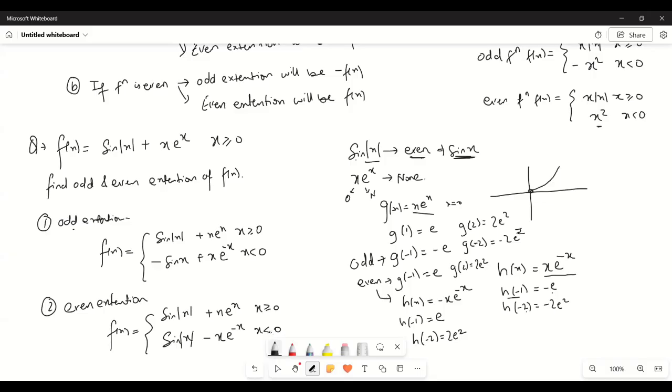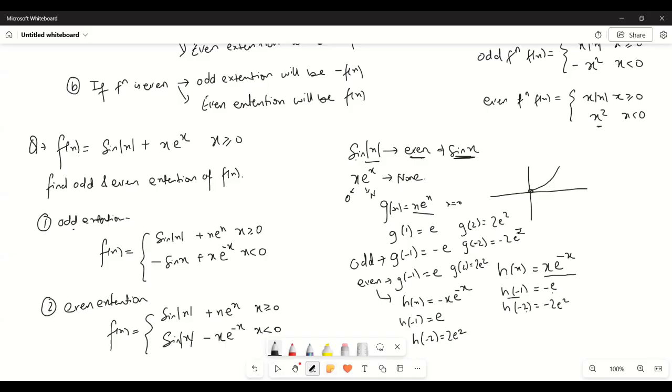So this is how we do the odd and even extensions of functions. सर एक बार आप फिर से इसको समराइज कर सकते हैं? हाँ. Okay.